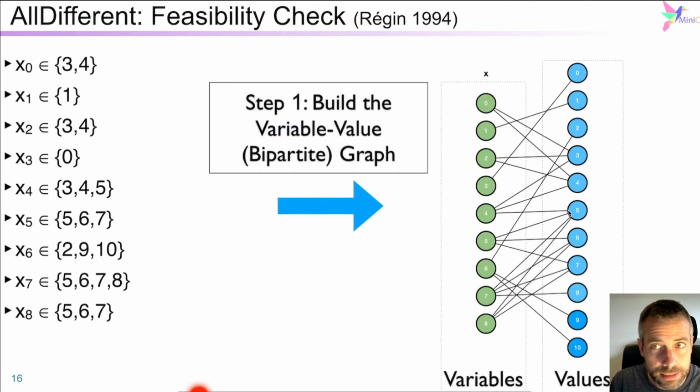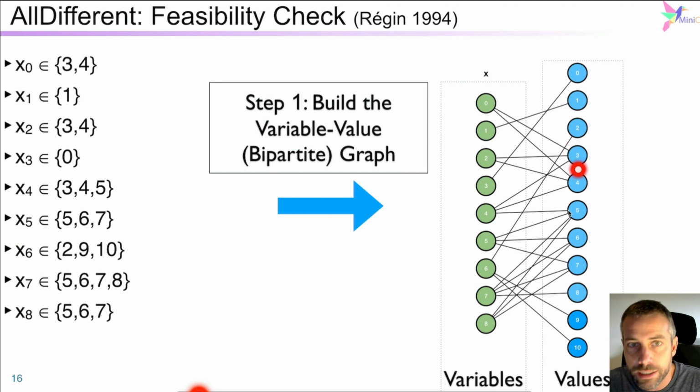And to detect this kind of inconsistency, we will first build a bipartite graph that we call the variable value graph. We put the variables on the left and we put the values of the union of all the domains on the right there. And we will add to this set of nodes an edge between a variable and a value if this value belongs to the domain of the corresponding variable.